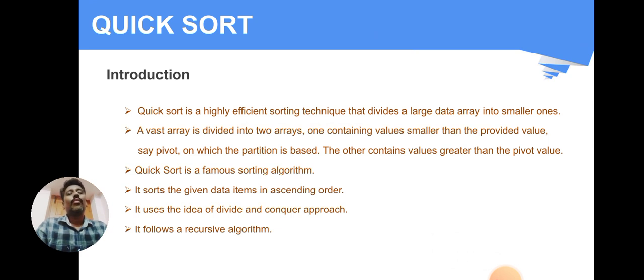After that, the values less than the pivot are placed on the left side of the pivot value, and the values greater than the pivot are placed on the right side. The quicksort algorithm uses a recursive method, which means repeatedly doing the process until we find the solution.